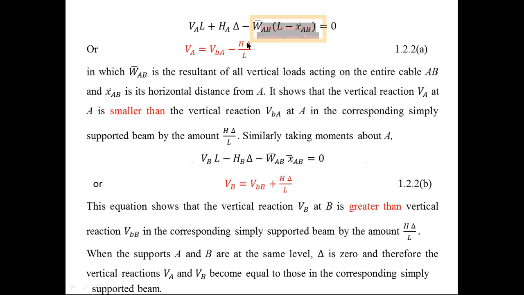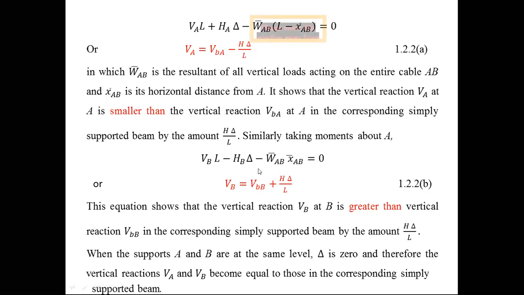VA is equal to VBA minus H into delta by L. This is VA, that means the vertical reaction at A. Similarly, the vertical reaction at B is equal to VBB plus H delta by L. Therefore, from these two equations, notice the reaction VBA is greater than VBB. So the vertical reaction VBA is greater than VBB. What happened?